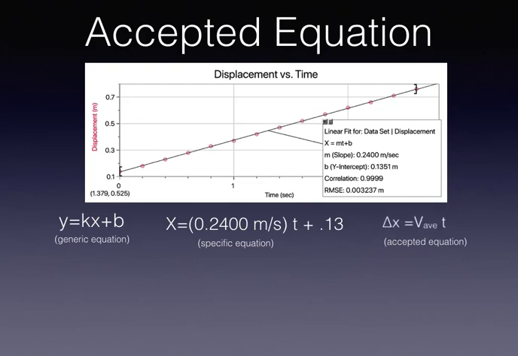This then is our accepted equation. Also, notice that in this position right here, it corresponds with this value in our accepted equation. This lets us know that the average velocity of the object in this motion was 0.0240 meters per second.